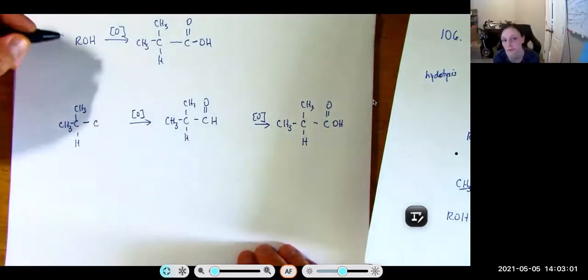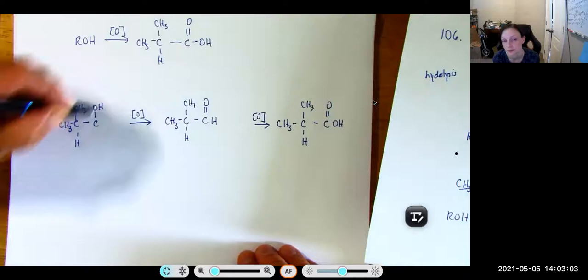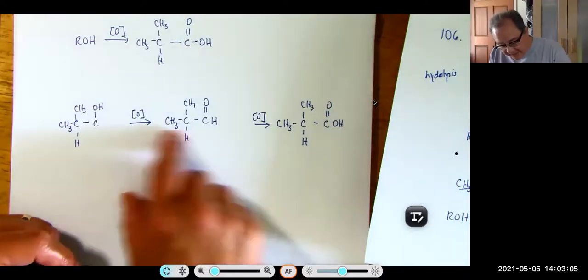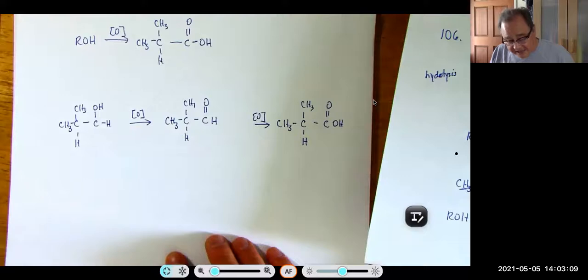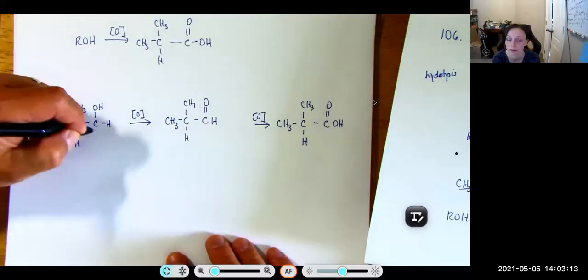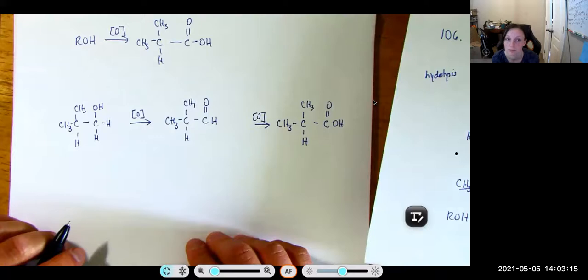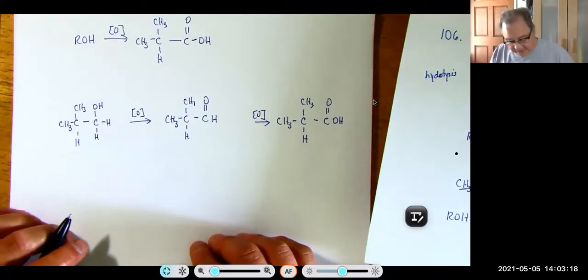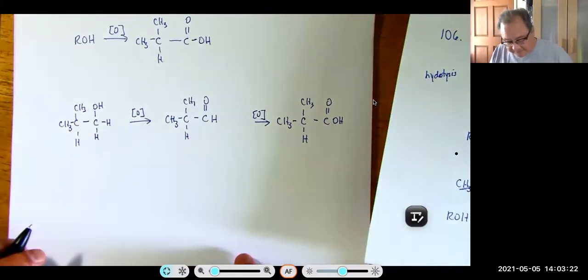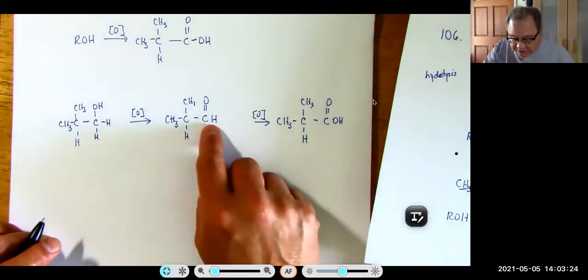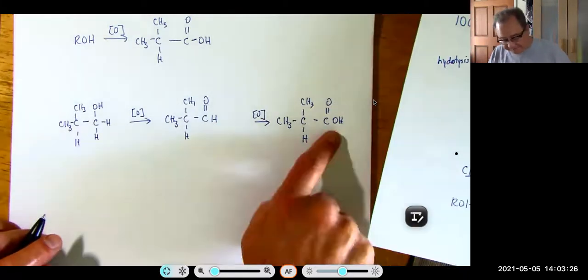From the alcohol? From the OH, right? Yeah. Now this guy still has this hydrogen here. And of course it needs something else to make it complete. Hydrogen, right? Yeah. Okay, so this H and this H get removed to make that. And then this has an oxygen inserted to make that.